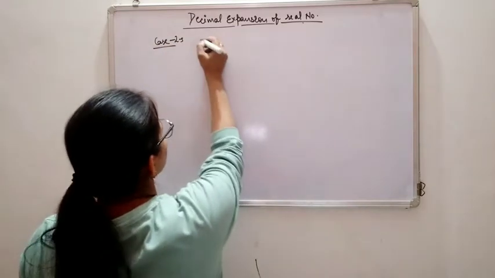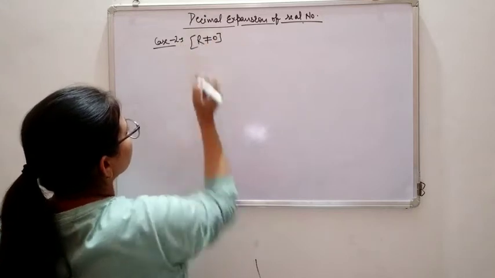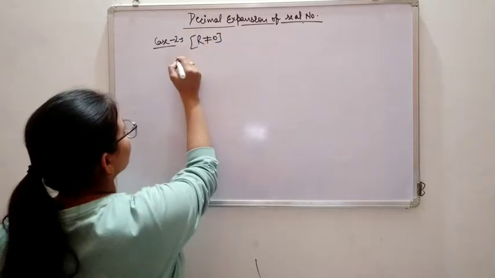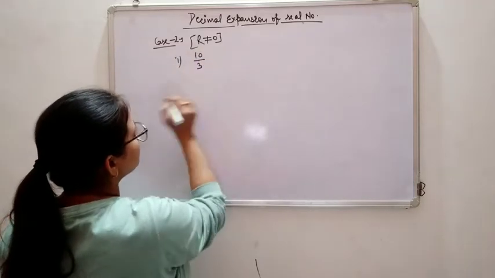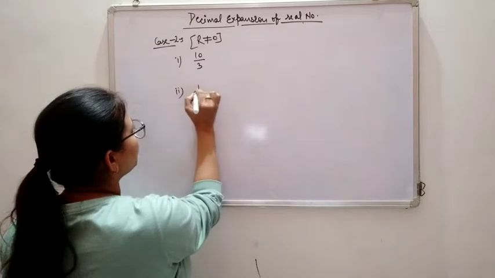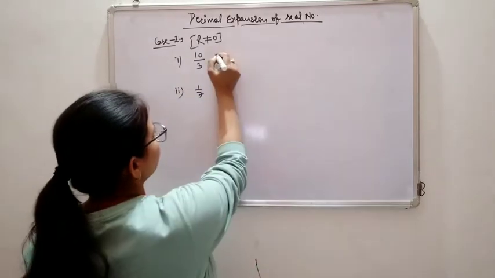Case 2, where the remainder never becomes 0. If I take examples like 10 upon 3 and 1 upon 7, let's try to find out the decimal expansion of 10 upon 3 first.